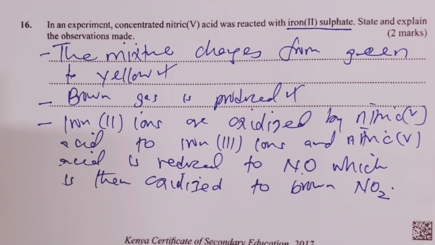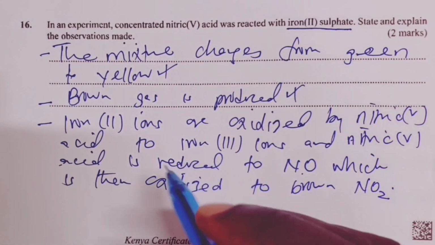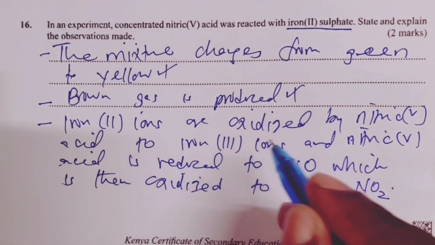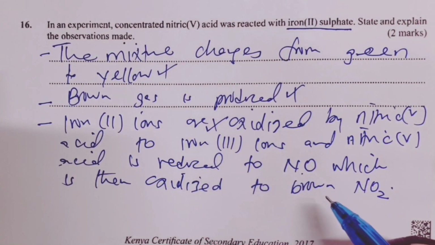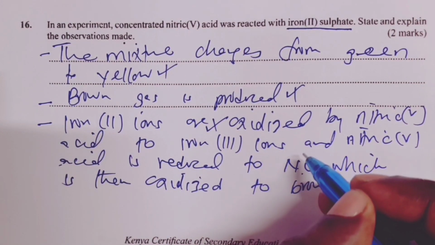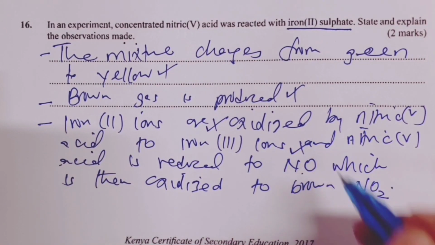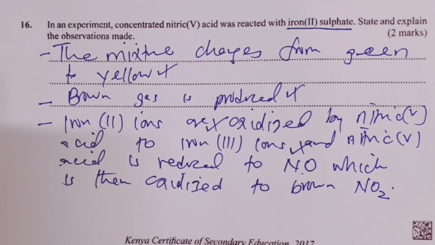So we've scored 1 mark. The question was 2 marks. So iron 2 ions being oxidized to iron 3 ions would score ourselves the next half mark, and nitric 5 acid being reduced to nitrogen 2 oxide, the last half mark.